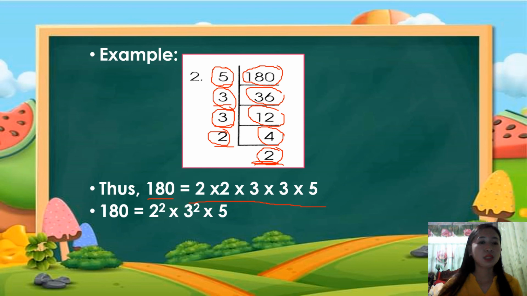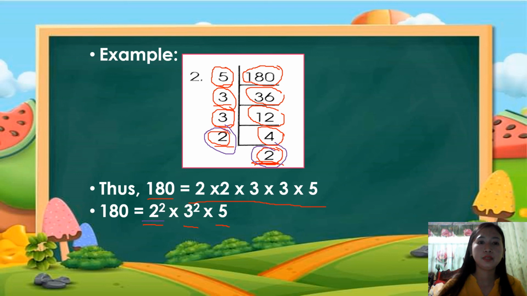Or you can also write it this way: 2 to the second power times 3 to the second power times 5. We have two 2s, 1, 2. That's why 2 to the second power.